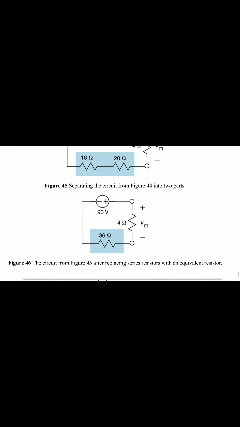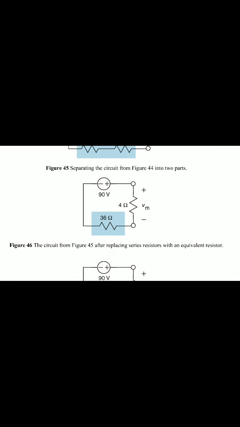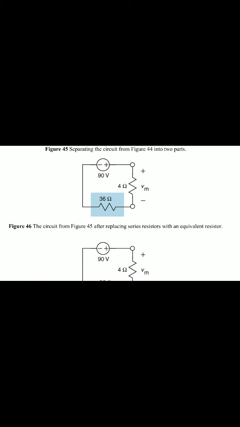The voltage across the 4 ohms is Vm. The circuit from figure 45, after replacing series resistors with an equivalent resistor, so 90 volts, the 4 ohms and 36 ohms, with plus Vm minus.